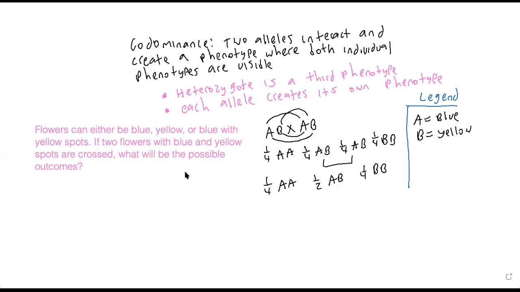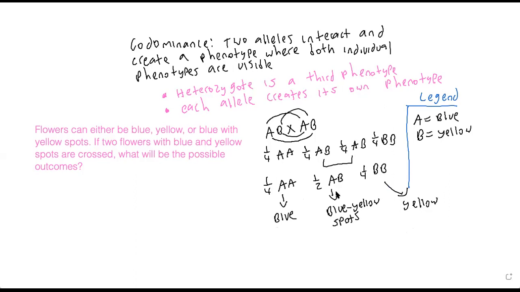So what this means is 25% chance blue, 25% chance blue with yellow spots, and a 25% chance of being yellow.